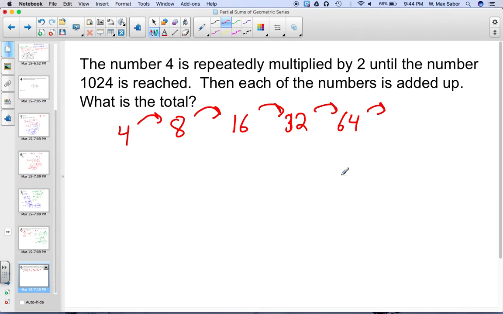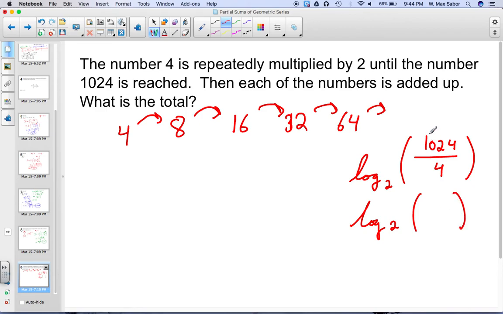The fastest way, in general, is, I believe, to take log base 2 of 1024 divided by 4. So log base 2 of, this is 256. And if we take log base 2 of that, we get 8. So that's one way of figuring out how many times we're multiplying.